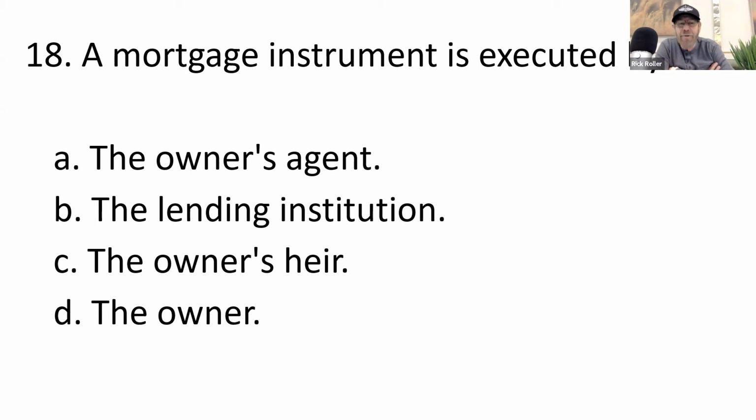Okay, so it's not the owner's agent that signs the loan document. It's not the lending institution that signs the loan document. It's not the owner's heir that signs the loan document. Obviously, it is the what? The owner. And you're the only one that can hypothecate your property.